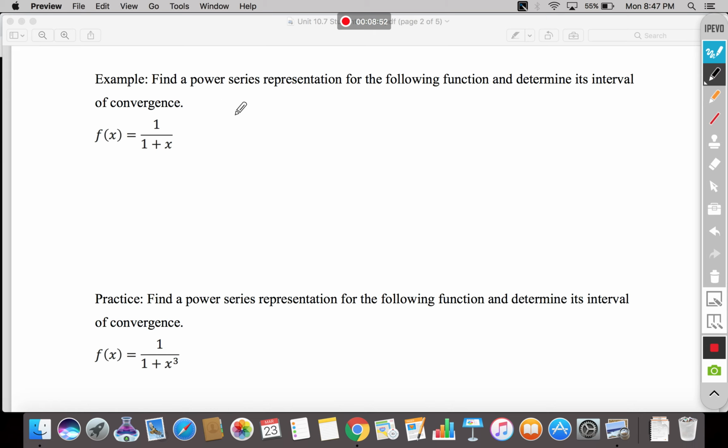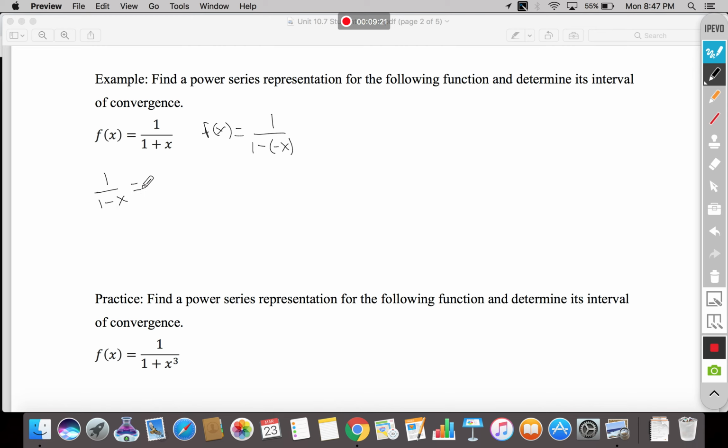Okay. So let's see. 1 over 1 plus x. If I'm thinking about this, this is a whole lot like f of x. Well, I could rewrite this as 1 over 1 minus negative x, right? And why might I do that? Well, I know what 1 over 1 minus x looks like.